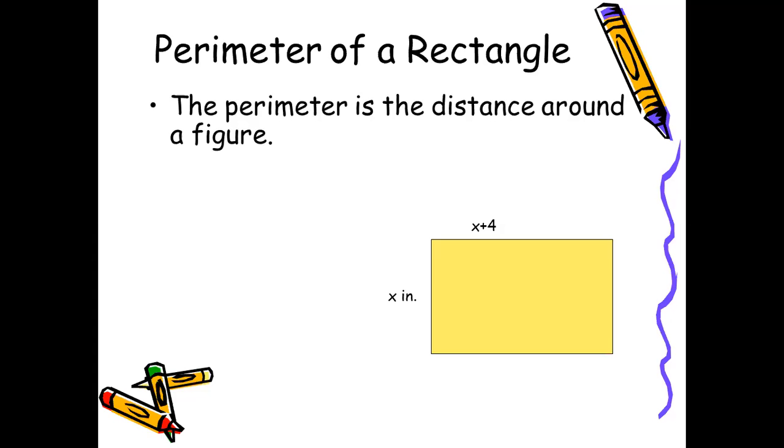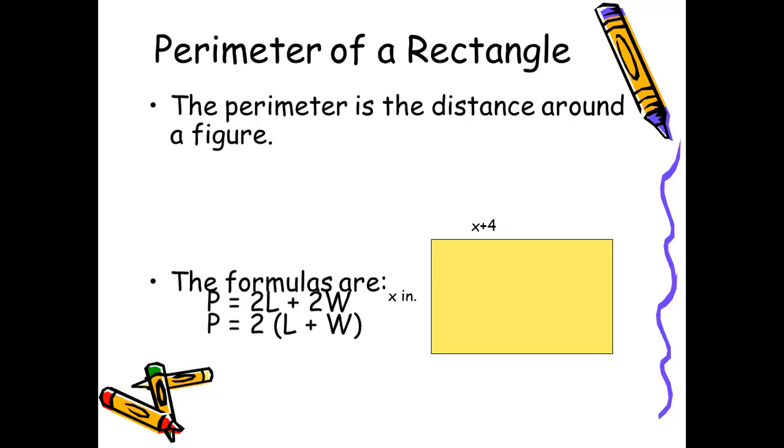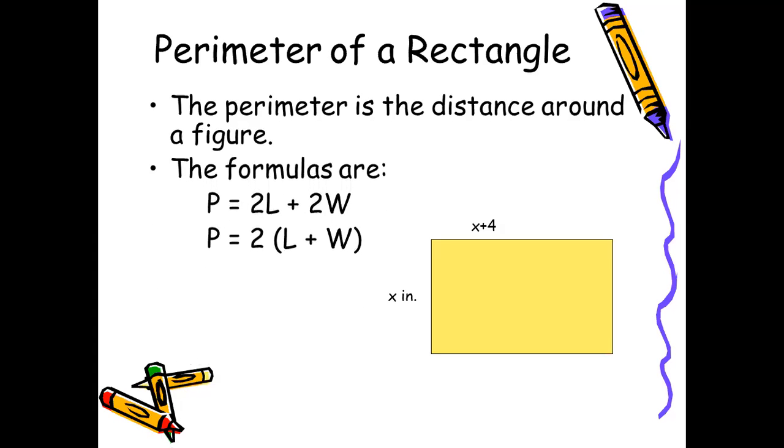Perimeter is the distance around a figure, and the formulas for finding the perimeter of a rectangle are two. Basically, they are the same. The most commonly used one is 2L plus 2W. Now, L stands for the length of the rectangle and W stands for the width of the rectangle.